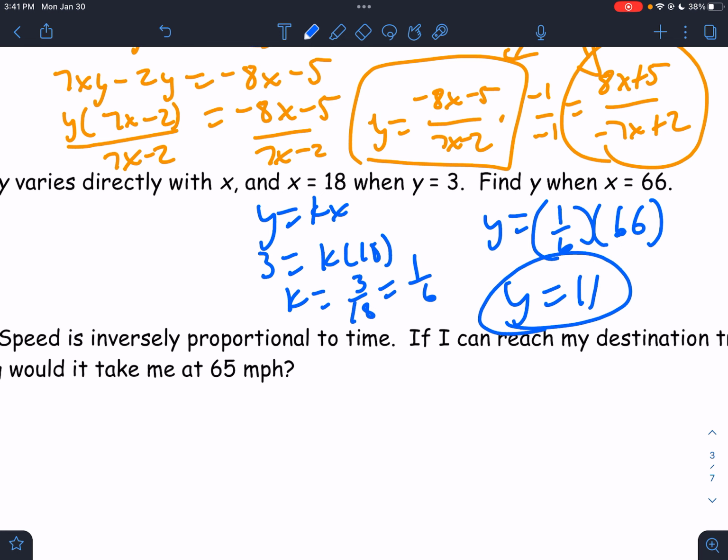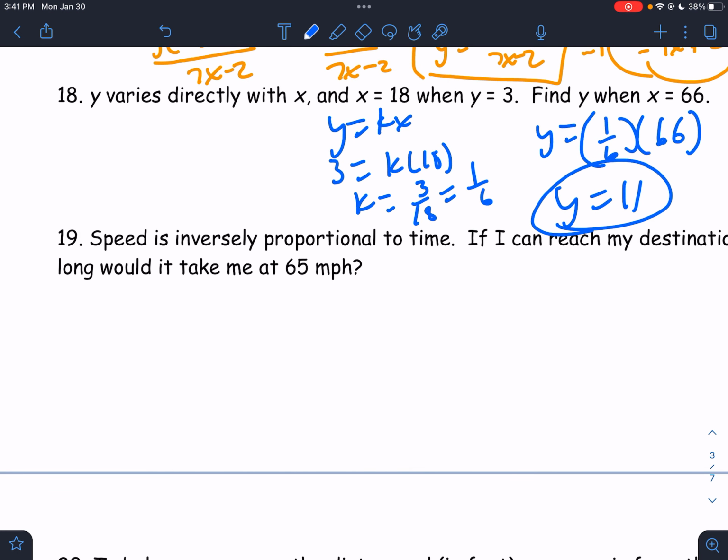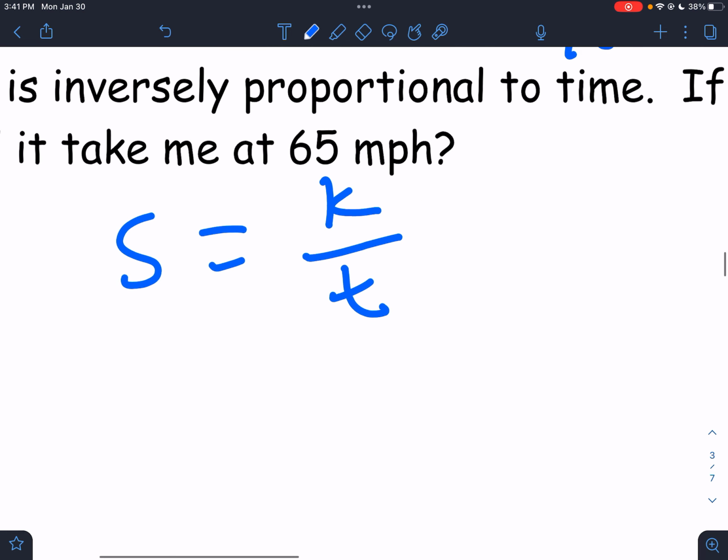That's it. It's done. Speed is inversely proportional to time. Inverse proportion means as speed goes up, time goes down, or vice versa. As your time goes up, your speed goes down. Think about it as the bottom. As the bottom gets bigger and bigger, right?